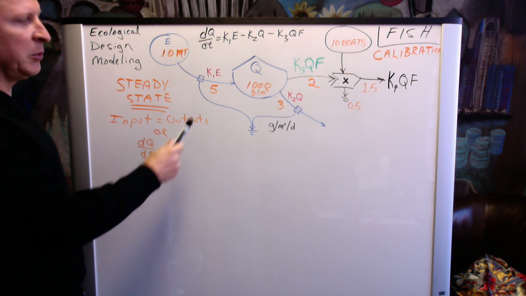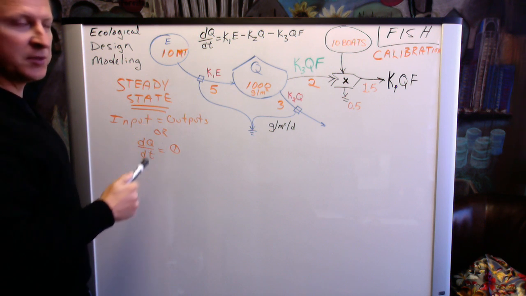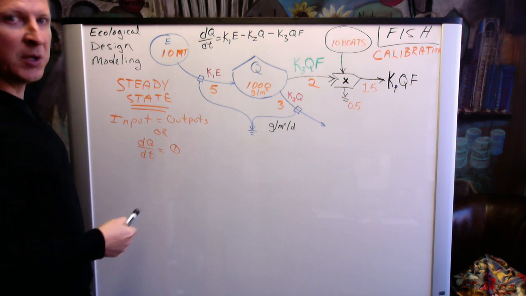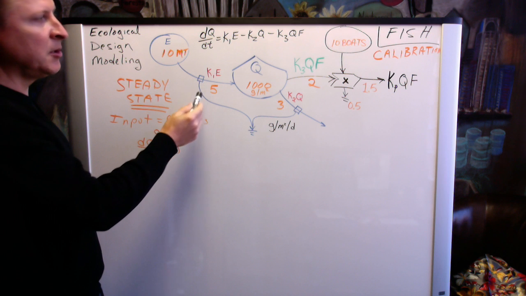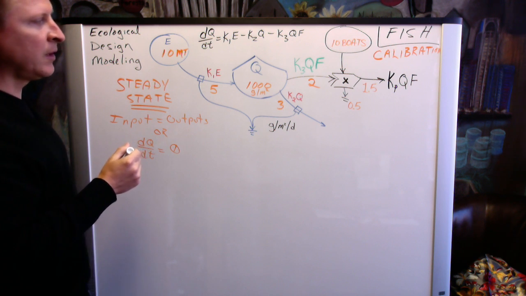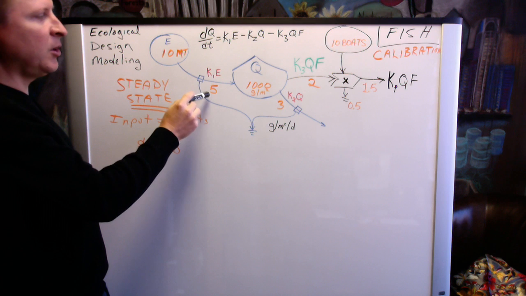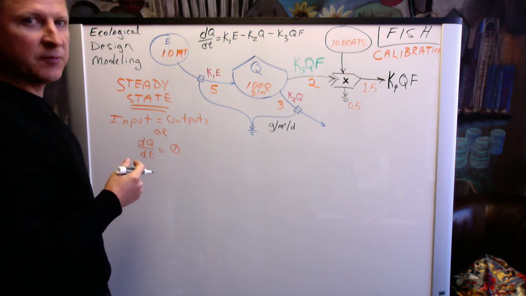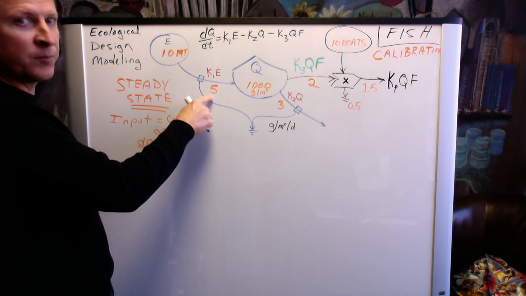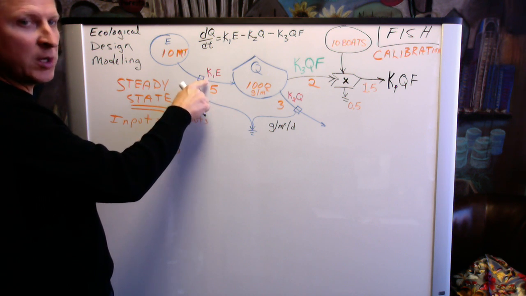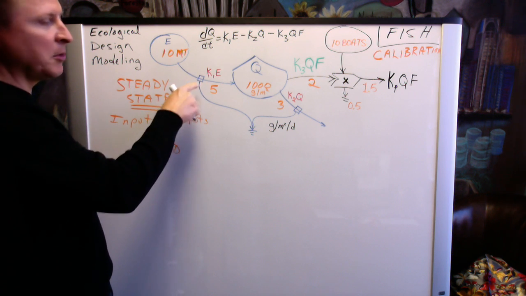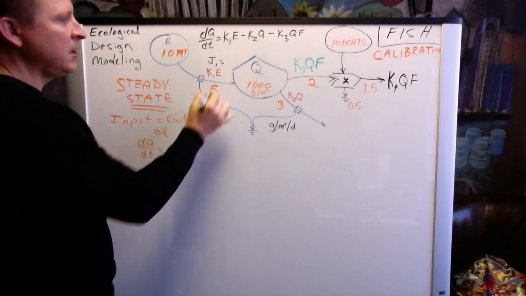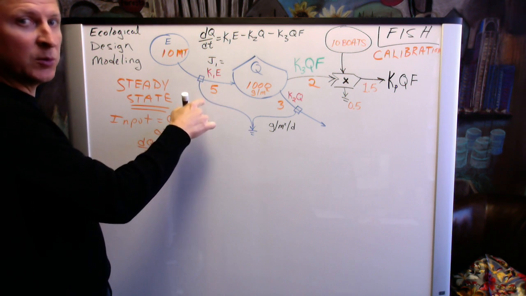So now what we want to do is take our information in orange, our calibration values, use our equations, the terms of each of our pathways, and solve for the coefficient, because we know all the other information. We know E, and we know what K1E equals. It equals 5. So with our calibration information about our pathway flow and our equation, we solve for K1. Our flow here, J1 equals K1E, and that equals 5.